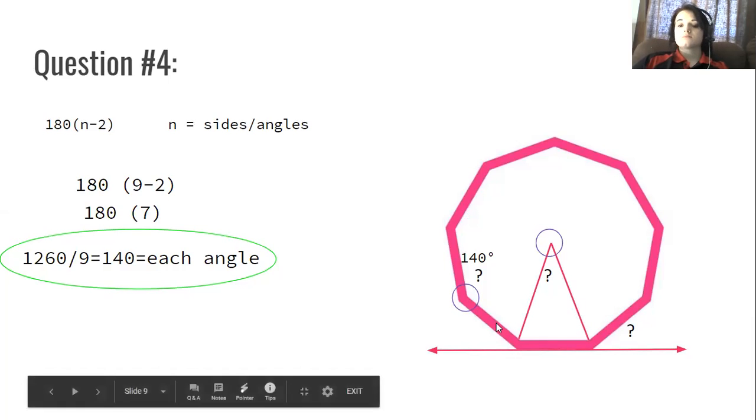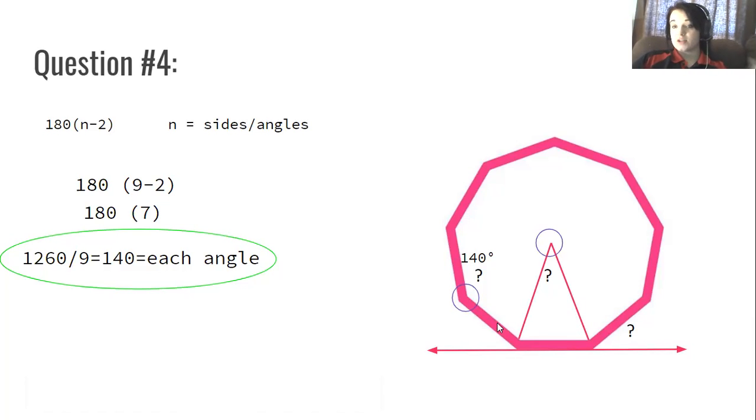So instead of the bottom left-hand corner angle of that triangle being 140, it's going to be half of the original angle measurement since it's being split in half, meaning that the bottom left is going to be 70, the bottom right is going to be 70, and then all we need to do is solve for our point. So we're going to do 70 plus 70. That'll give us 140 degrees altogether for the bottom part of our triangle. And then we're going to do 180 minus 140. And that should give us an angle measurement of 40 degrees.